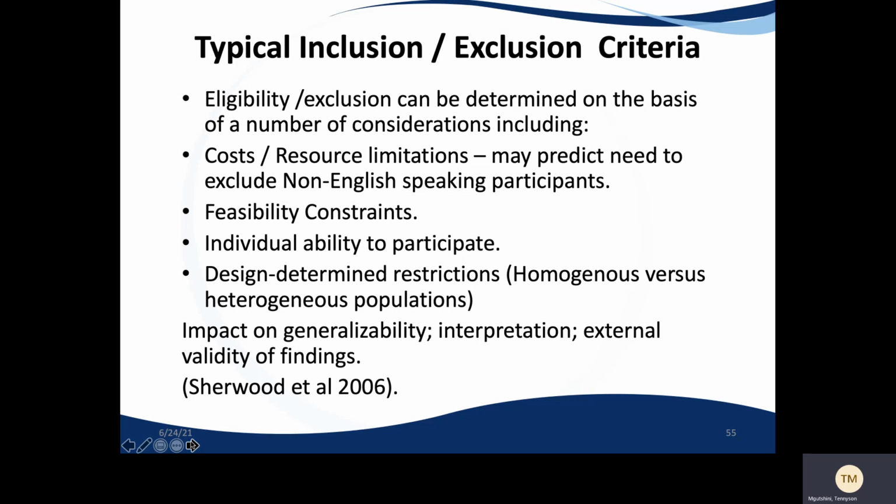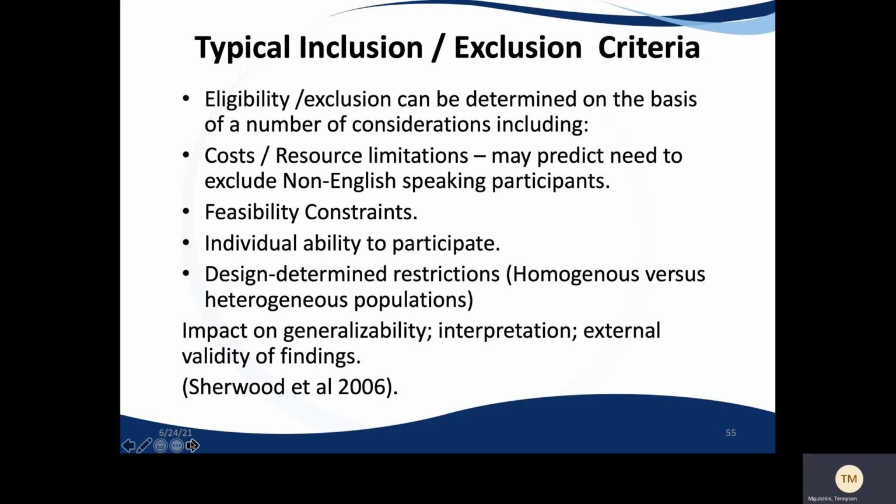Of course, the other thing is some of the restrictions that may exist as exclusion or inclusion criteria are determined by restrictions that go with your design. So you may decide that you are only interested in people who have been exposed in a very specific way.